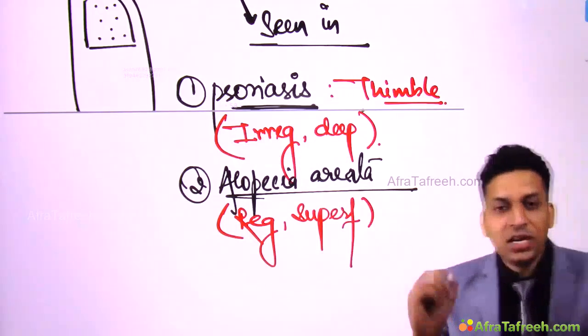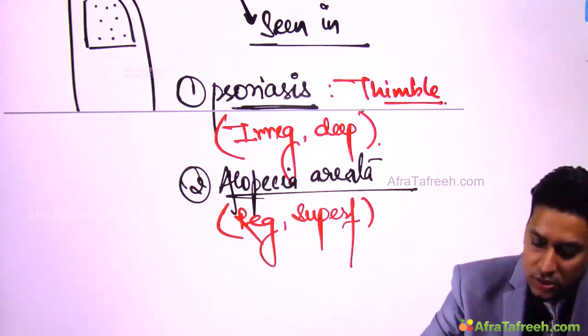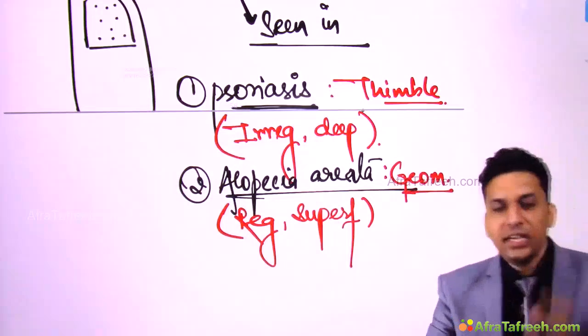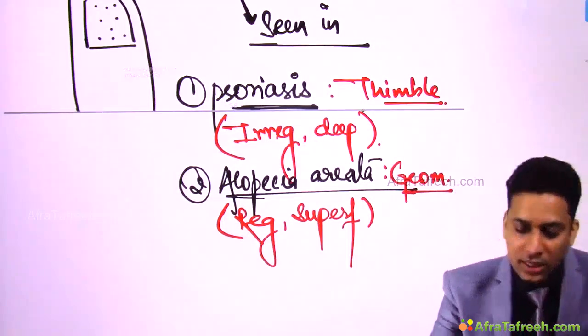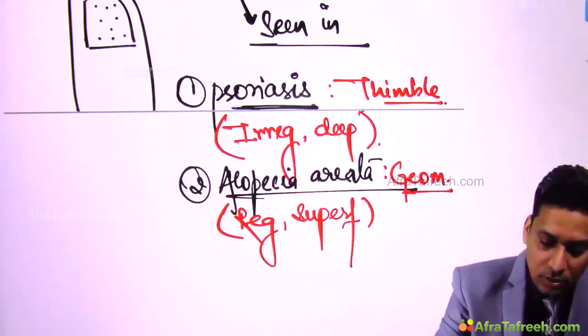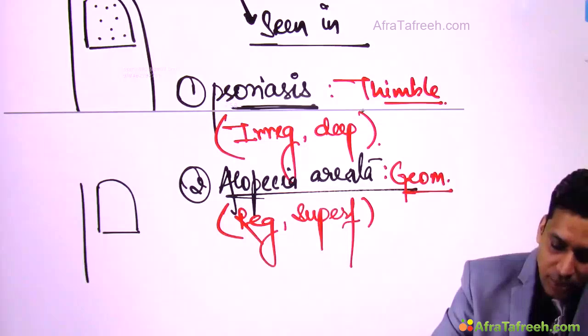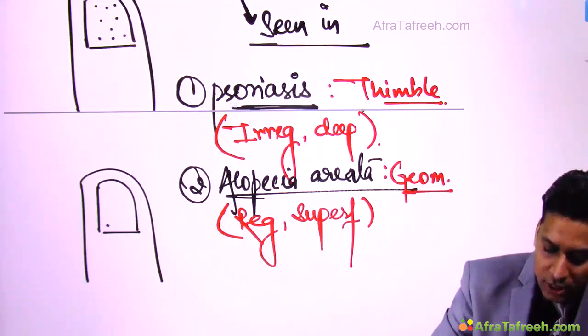So very superficial and regular pits are seen. This is known as geometric pitting. So thimble pitting is seen in psoriasis, geometric pitting is seen in alopecia areata. So let us consider this is the nail of a patient suffering from alopecia areata. You will find these regular geometric pits.